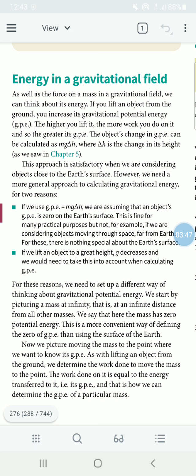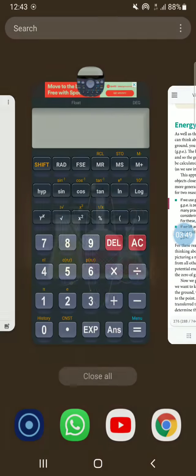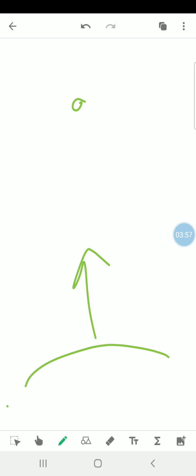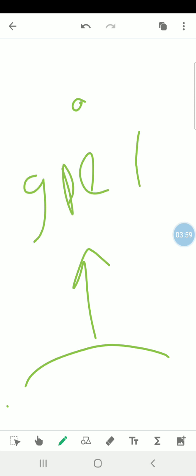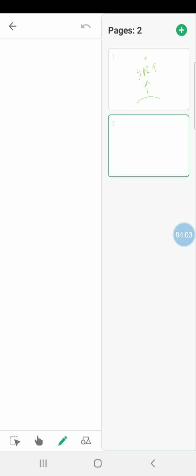Now, if this is the Earth, the further you go, the gravitational potential energy increases. If this is the Earth, and this is the infinite point, at this point GPE has a value of 0.